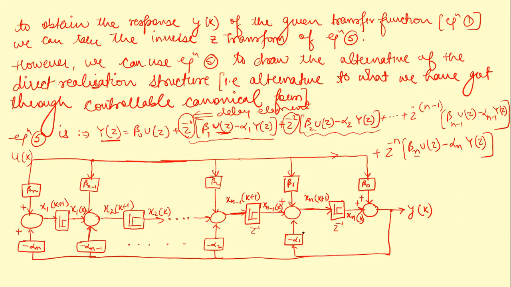So in this way, if you have understood this, we have states here like xn k plus 1, xn minus 1 k plus 1, x2 k plus 1, x1 k plus 1, like this, right? And we have all the elements. Okay, betas are in the feed forward path, and alphas are in the feedback path, right?